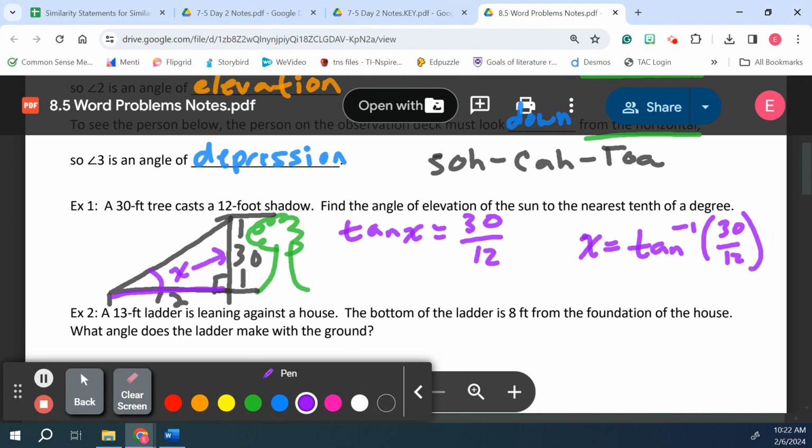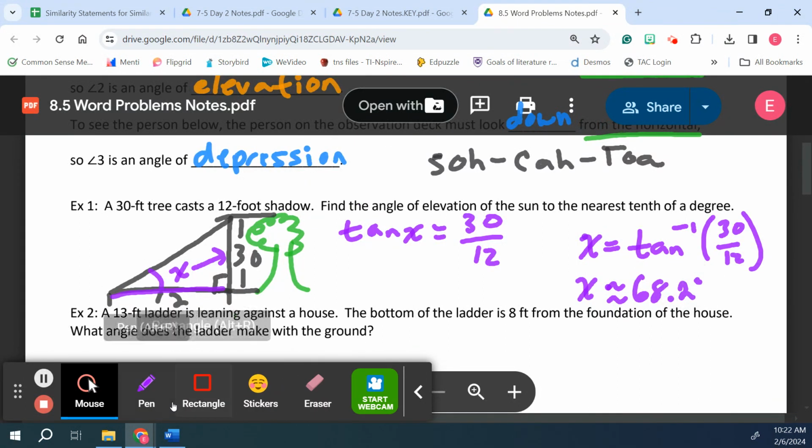As long as you're in degree mode, you should get the answer, which is about what? Round to the tenth, it's asking for the tenth, actually. 68.2 degrees. Very good. Questions on that one?